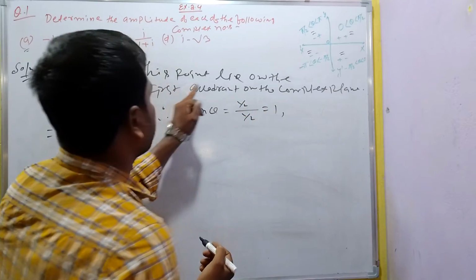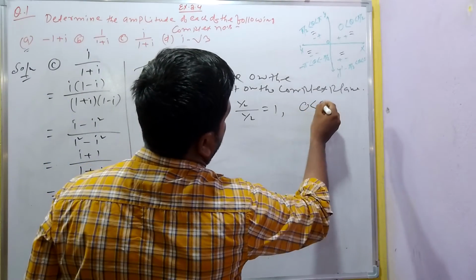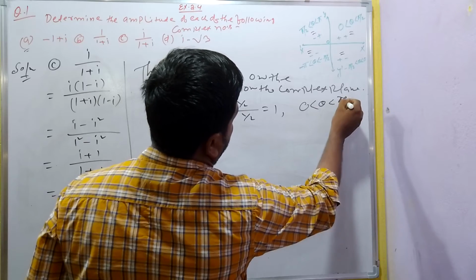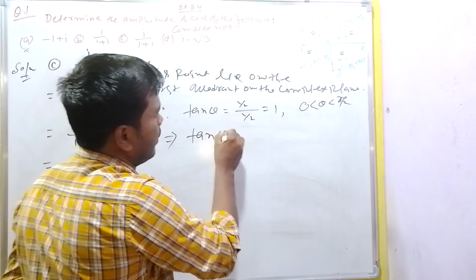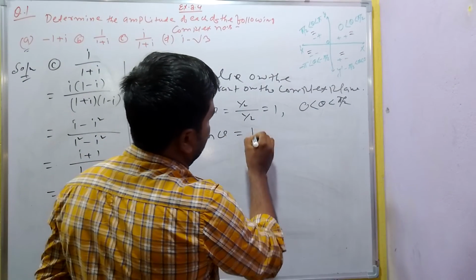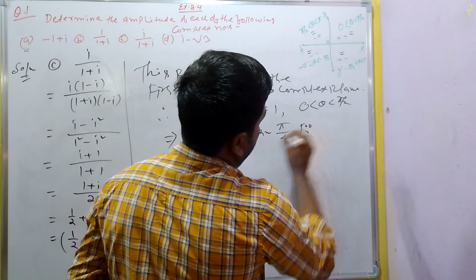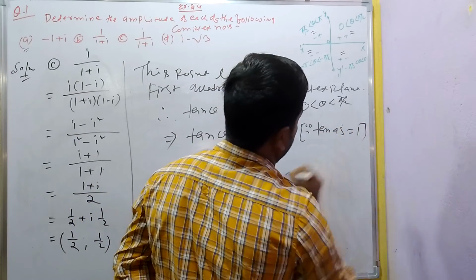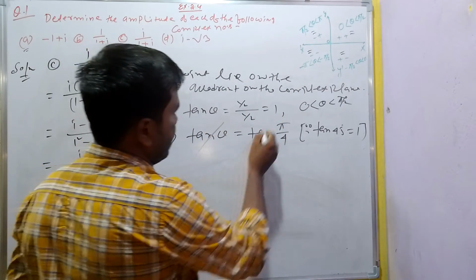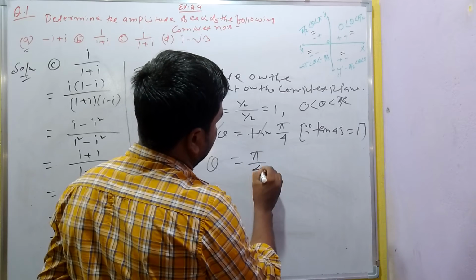So this one lies on the first quadrant, so you have to write 0 less than theta less than pi by 2. Now you have to write tan theta equals tan pi by 4, since tan 45 equals 1. So this tan will be cut, then you get theta equals pi by 4.